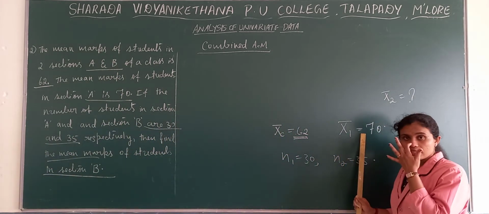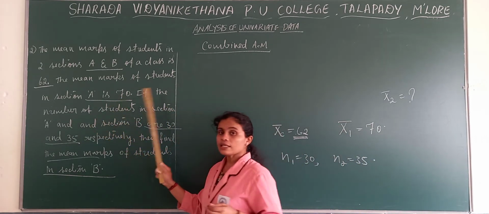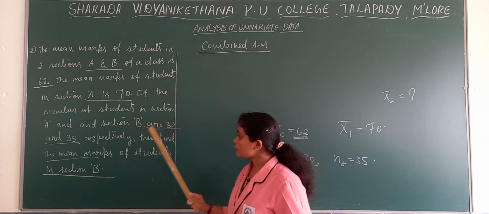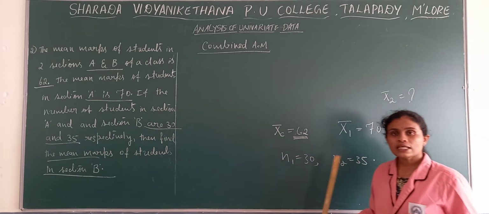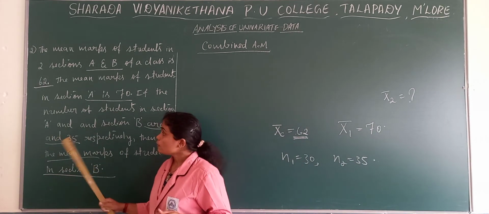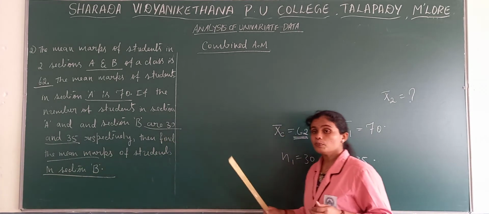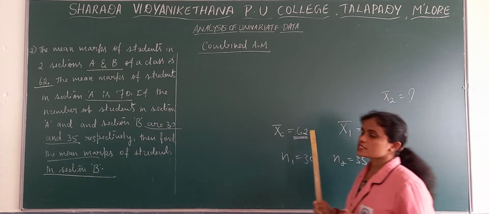Then they have given the number of students in each section, 30 and 35, that is N1 and N2. Then we need to find out the mean marks of section B, that is x bar 2, which is missing.